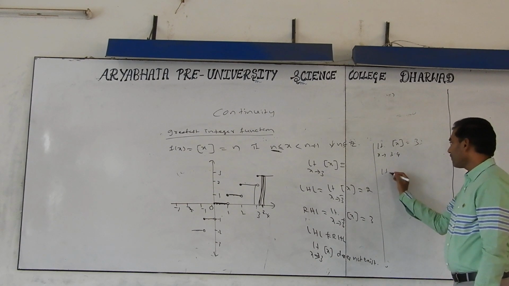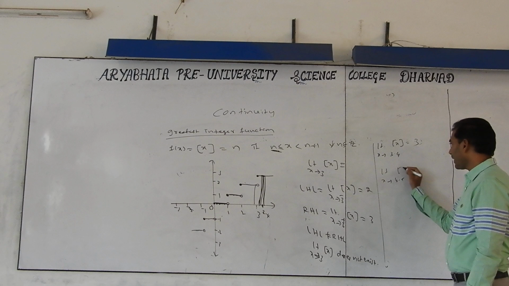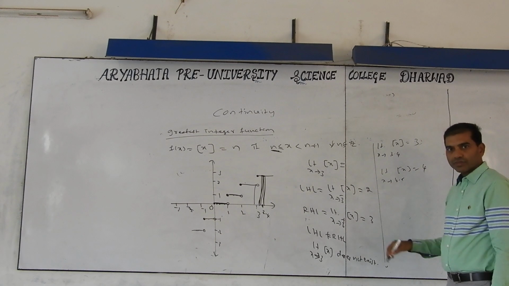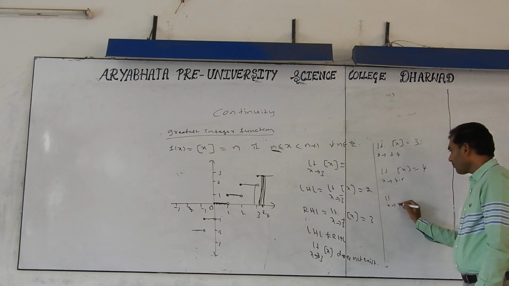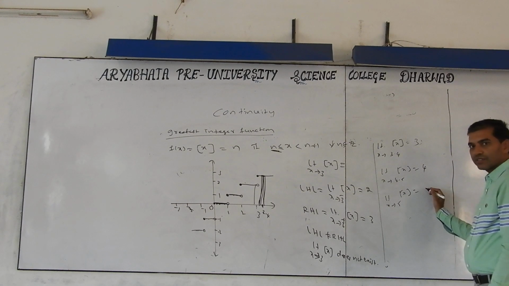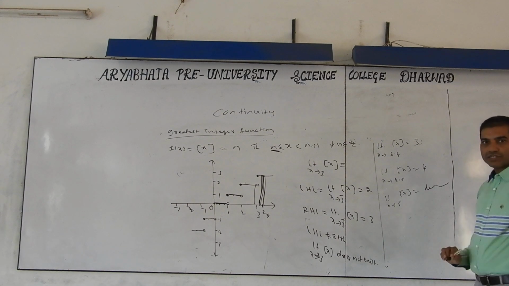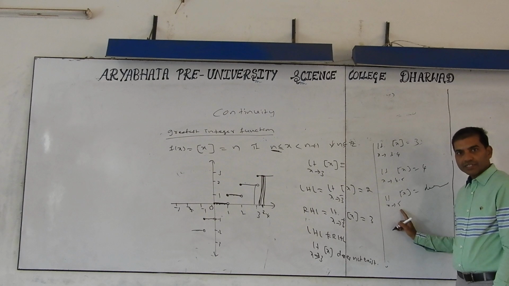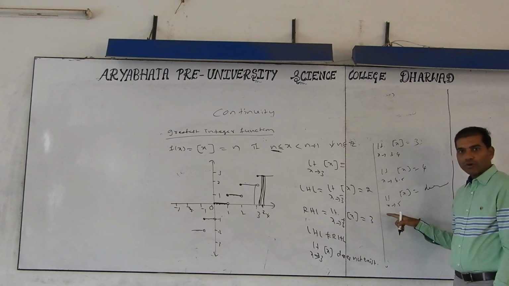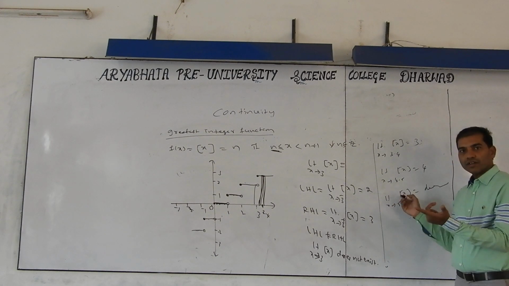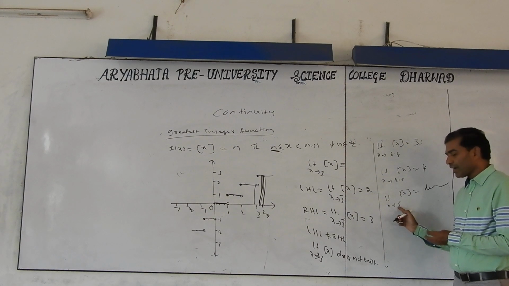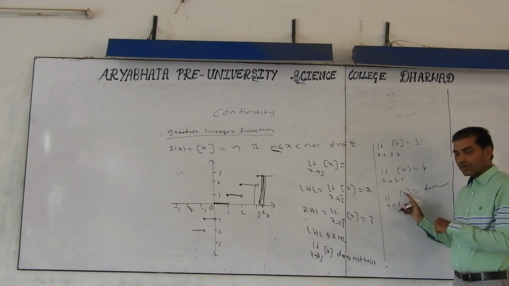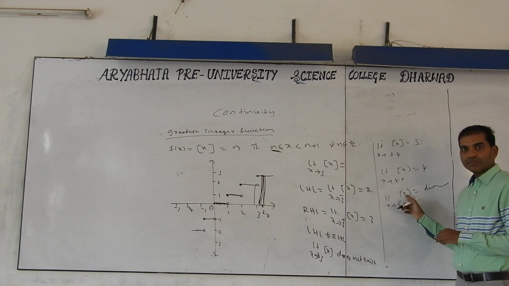Okay, tell me the limit of x tends to 4.5 of step x. 4. Limit x tends to 5 of step x does not exist. Why? Because 5 is an integer. Below 5 and above 5 are different values. It is changing at 5. Below 5 you get 4, above 5 the step value is 5.